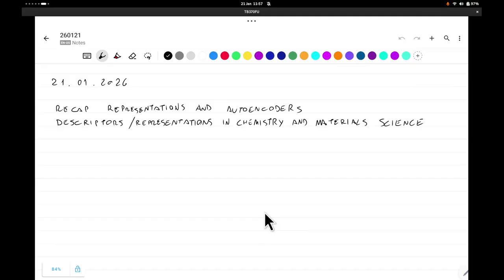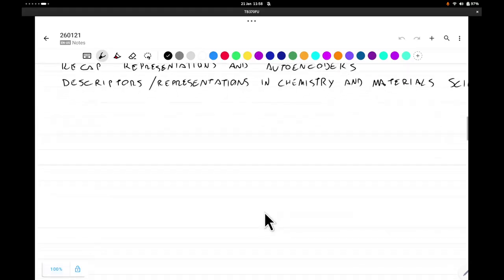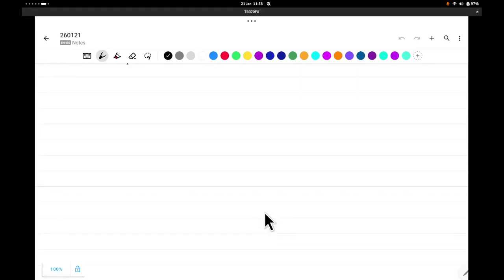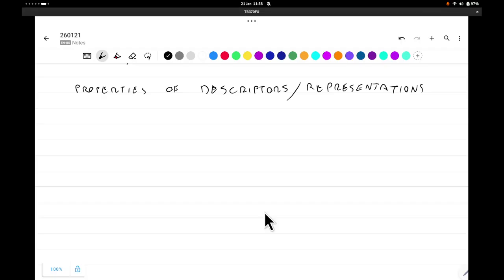So now we want to say the properties of descriptors / representations, and after this I will also try to give a bit more systematic nomenclature, because sometimes you hear descriptor, feature, representation. I will try to systematize this nomenclature a little bit, but first I start with the properties.